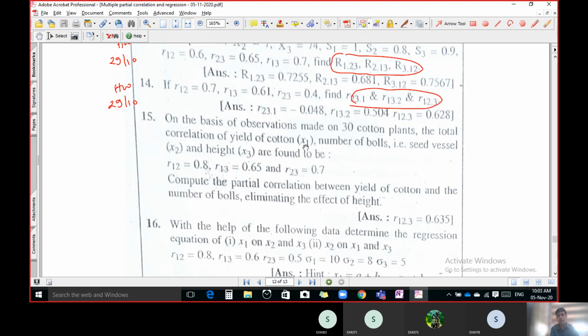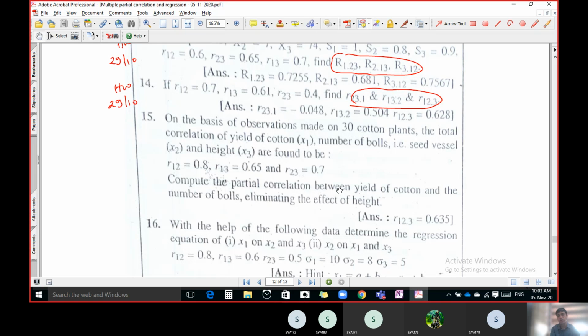So yield of cotton, that means x1, and number of balls, that means x2. So we want to find out the correlation between x1 and x2, means first variable and second variable, eliminating the effect of height. Height means the third variable. Because there are three variables, it is known as the partial correlation.